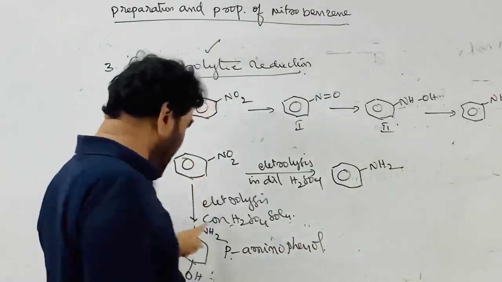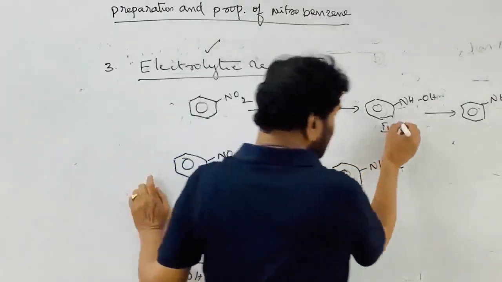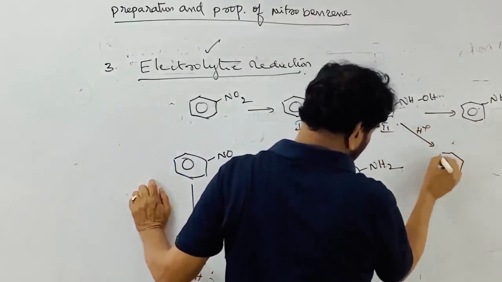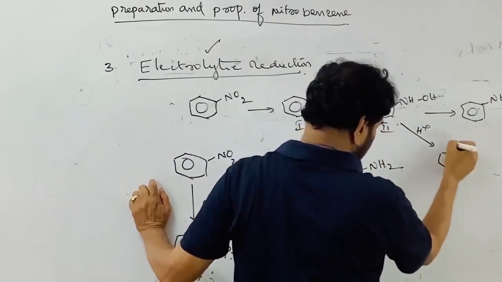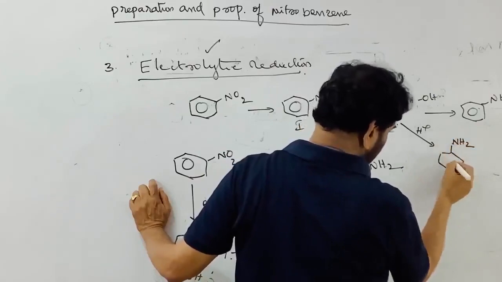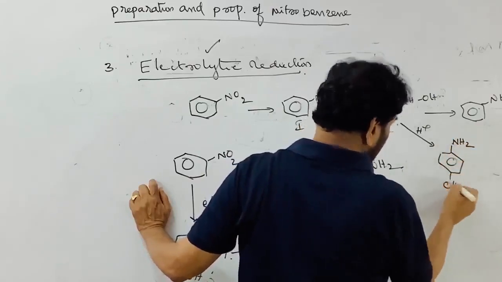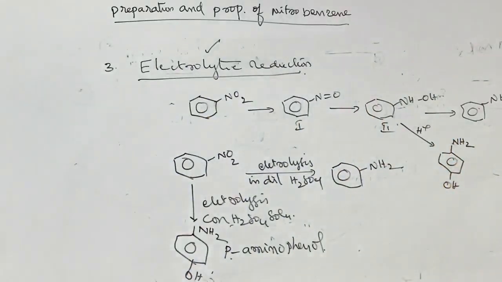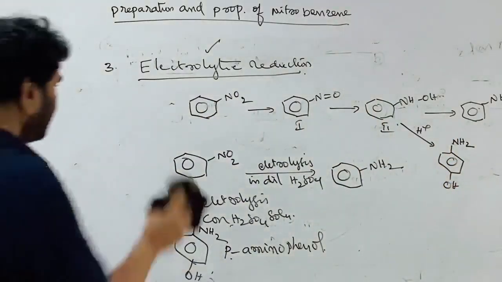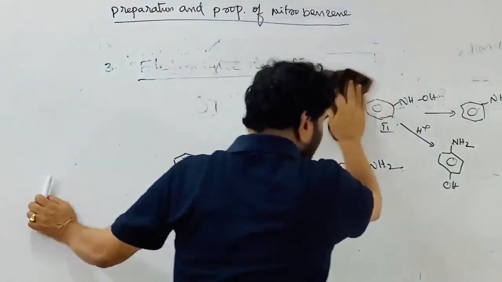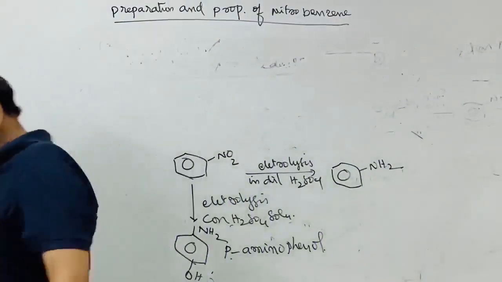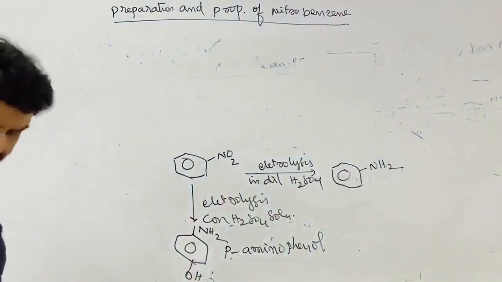See what happens. Under high concentration conditions, this undergoes rearrangement. Phenyl hydroxylamine undergoes rearrangement to form NH2 and OH, and para-aminophenol is formed. Let me write the rearrangement of para-aminophenol.